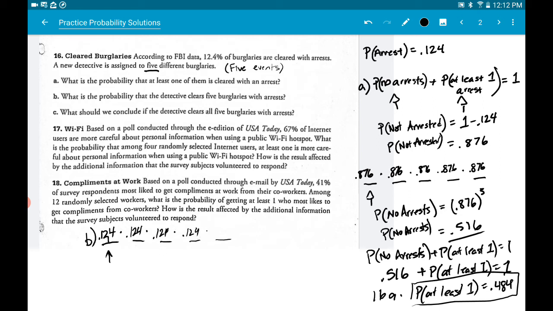So my setup, hopefully you kind of see it coming. This is the probability of all 5 arrests, which would be 0.124 raised to the 5th.